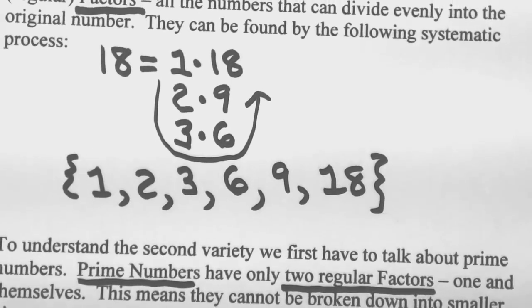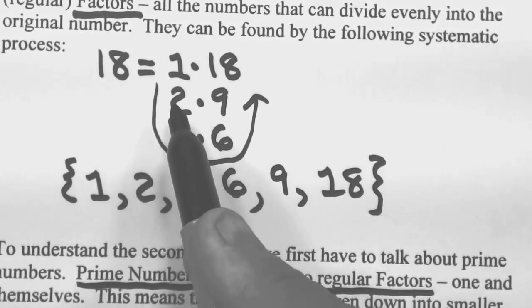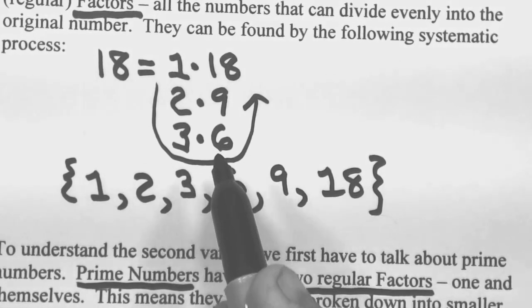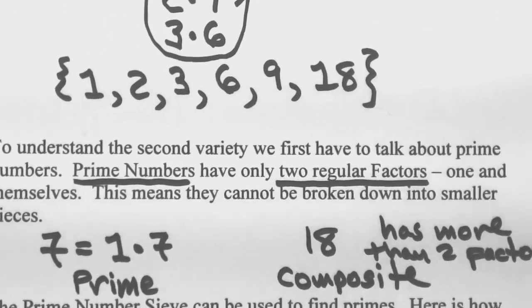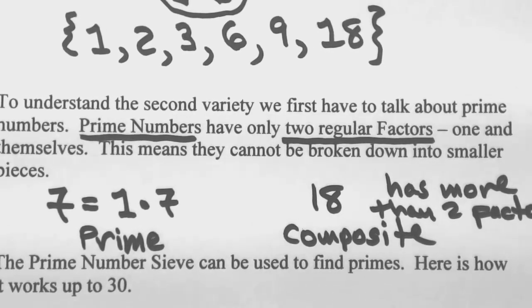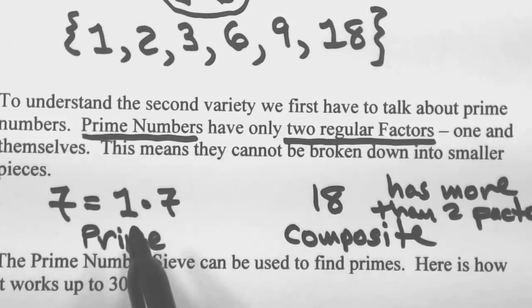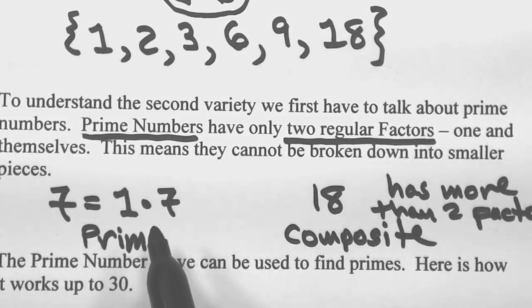But the 18 up here, a composite number, can be broken into smaller numbers, like 2 times 9 or 3 times 6. So one of the important ideas about composite numbers is that they can be broken into smaller pieces, whereas prime numbers cannot be.